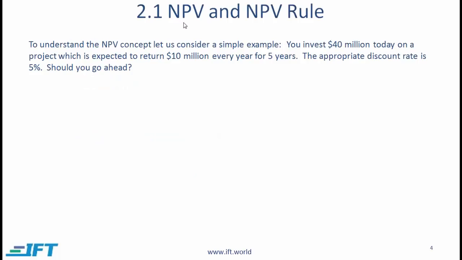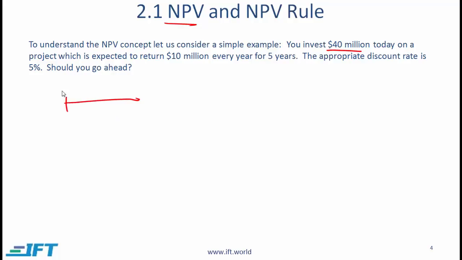We'll talk about NPV first and then get into IRR. And to understand NPV, let us consider a simple example. Let's say that you invest 40 million today on a project which is expected to return 10 million every year for 5 years.